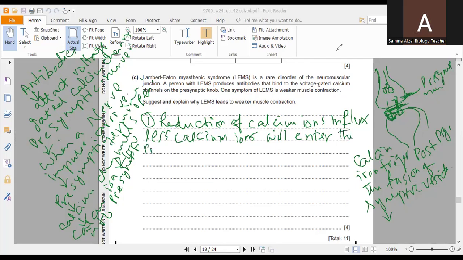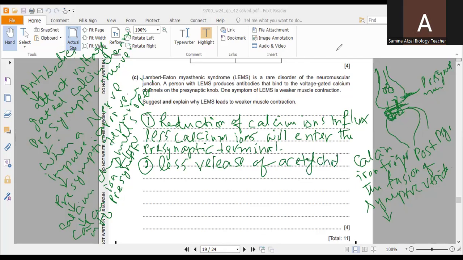the presynaptic terminal, and then there is less release of acetylcholine into the synaptic cleft, as I have shown you over here.